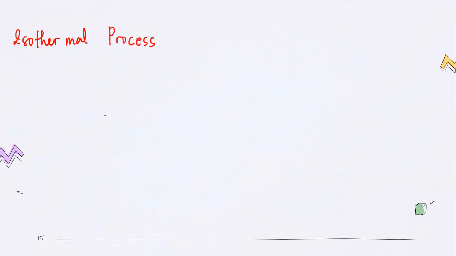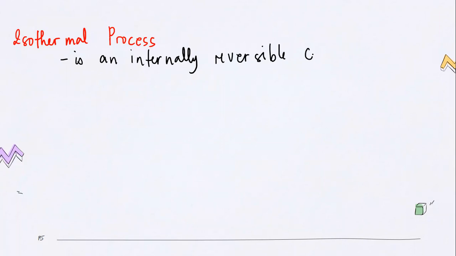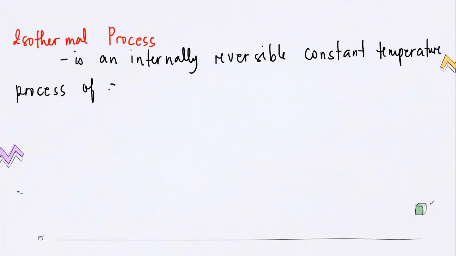Okay, for the isothermal process, it is an internally reversible constant temperature process of a working substance.